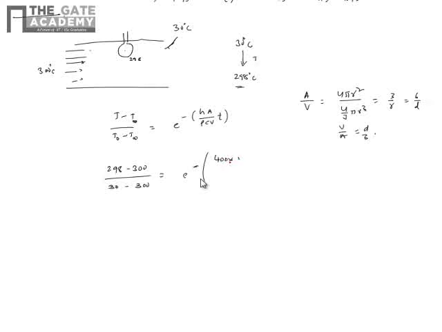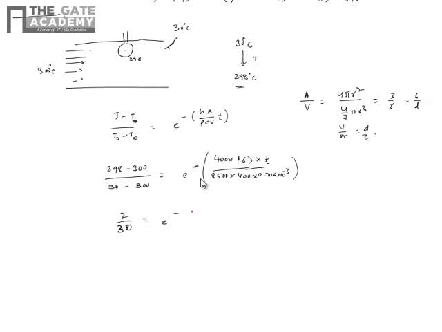So 400 into 1, because V by A I'll write d by 6, and rho is 8500, C is 400, diameter is 0.706 into 10 power minus 3 by 6, and time is something which I need to get.